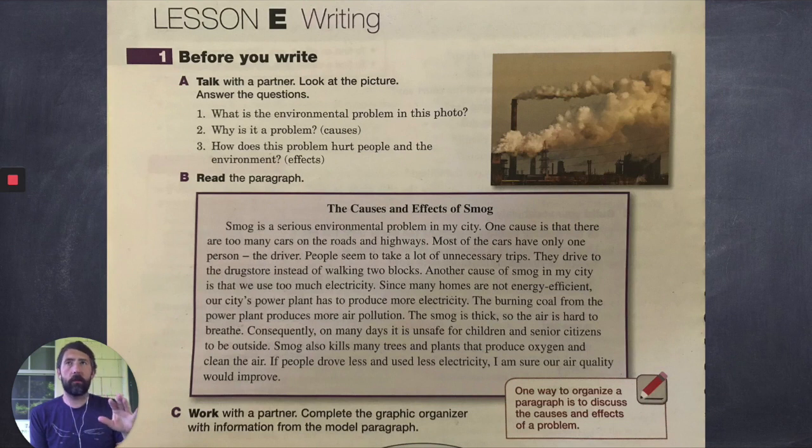If you think about Los Angeles, if you go online and Google Los Angeles and smog, they'll show you pictures where you'll see the smog, and then you will see how the air has been cleaner because people haven't been driving cars as much. So smog is the dirty air because of air pollution. This paragraph is about the causes of the dirty air and then how that dirty air affects us.